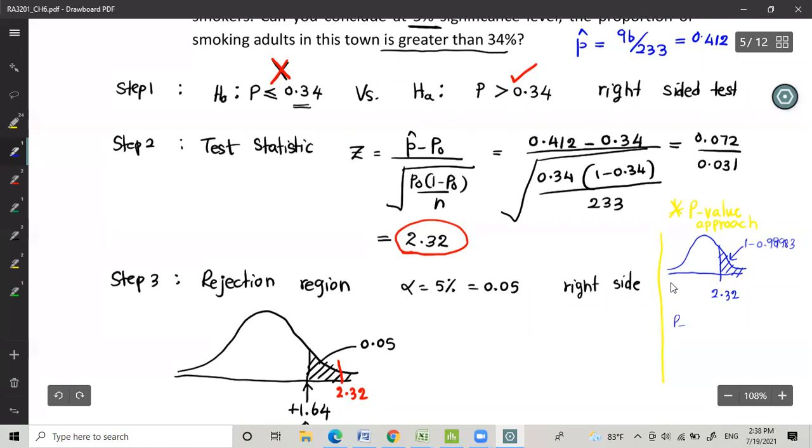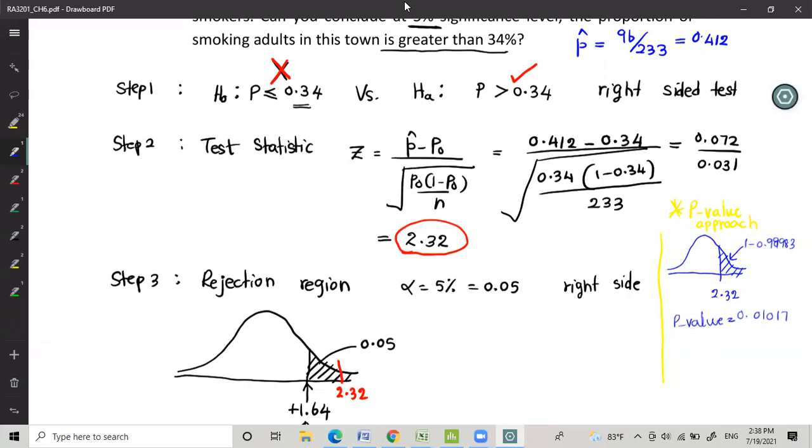Yes, so what is your p-value? The p-value will be 0.01017. Okay, is this clear to all of you, how to get the p-value now? Okay, so here's your p-value. So what is the last step?